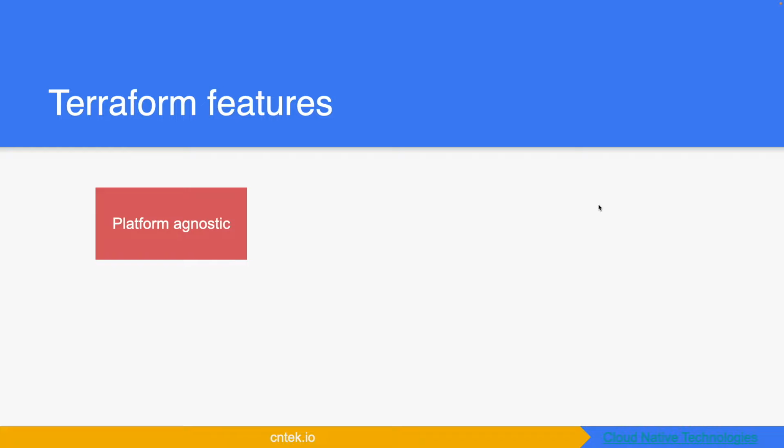All of that we can do from Terraform. What we need to do is write the configuration as needed. For example, the configuration for AWS would differ from the configuration for GCP or for GitHub, etc.